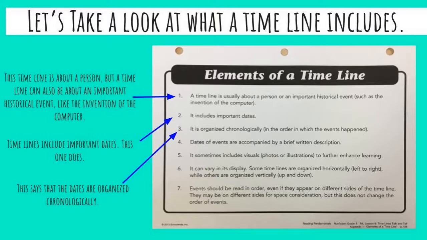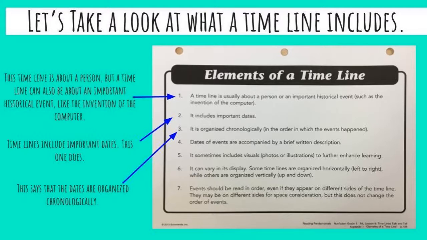So remember, in a timeline there are different dates, so it's important to add pictures so that people can visualize those moments in people's lives. Number 6, it can vary in its display. Some timelines are organized horizontally, left to right, while others are organized vertically, up and down.